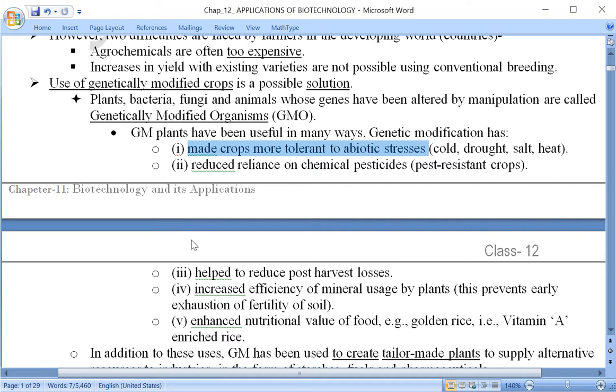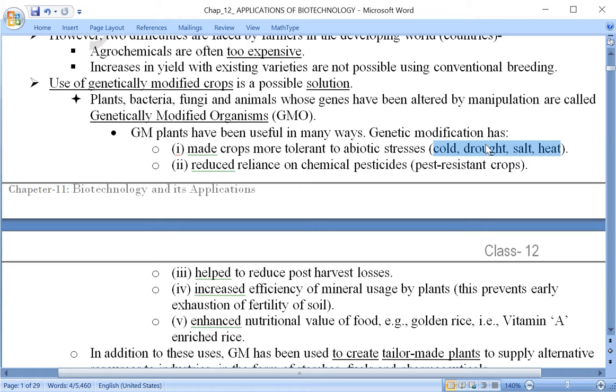Means when the crop plants are modified genetically, due to the modification of their DNA or the genetic material, these crops have been made tolerant, they are able to tolerate the abiotic stresses. Abiotic means non living stress, such as cold, drought, salt and heat.